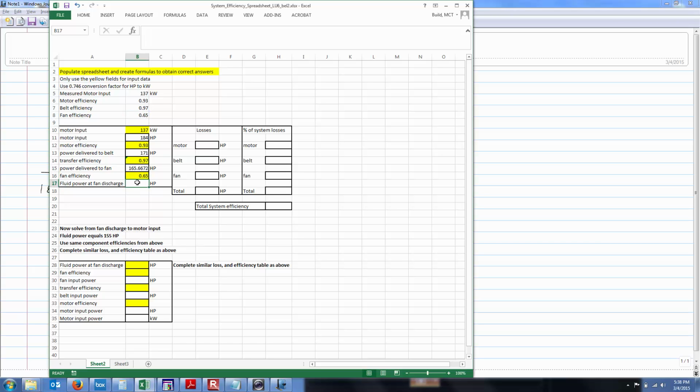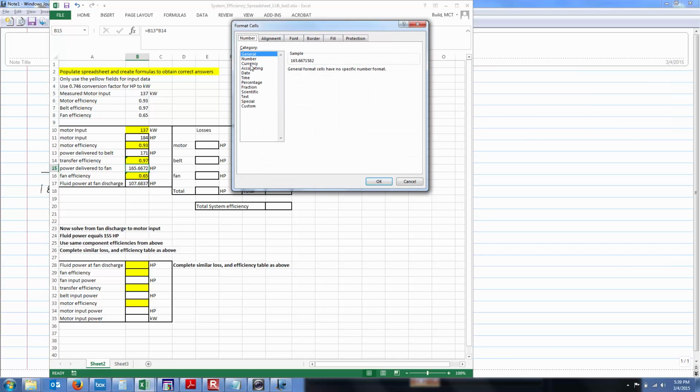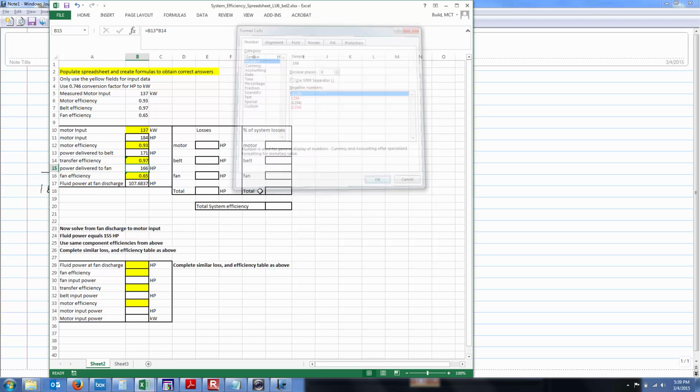And so the power at the fan at discharge equals power coming into the fan times its efficiency. Boom. Okay, so I'm going to also do number, no decimals there.